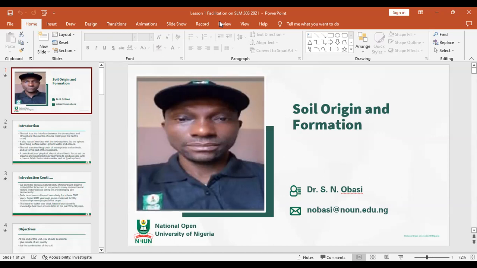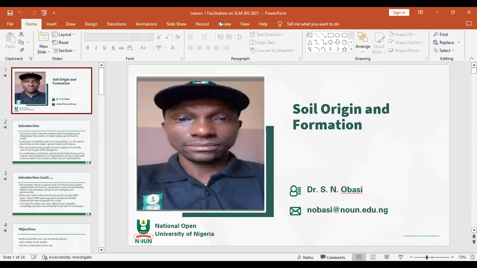The other one is soil edaphology. Edaphology has to do with the study of soil with respect to plants or higher plants, also called agronomy, so to say. But when we talk about soil pedology, we're talking about soil as a naturally occurring entity. We're talking about soil as a naturally occurring body.